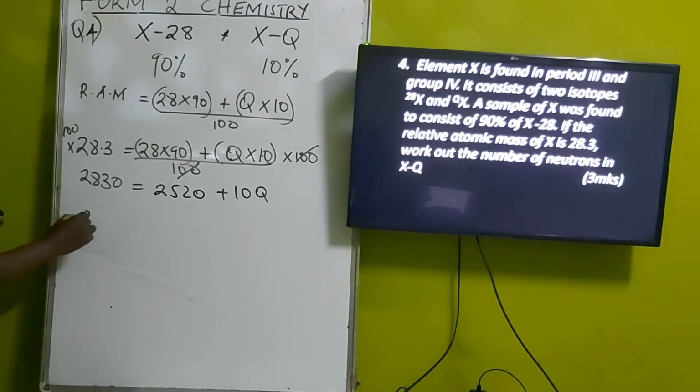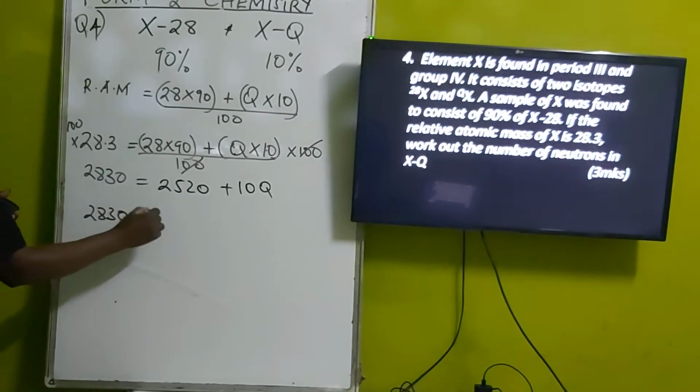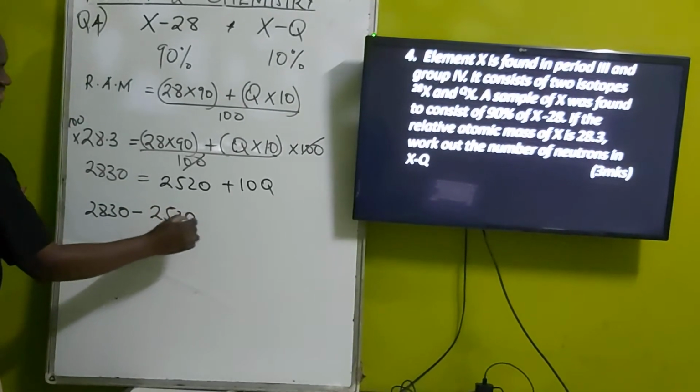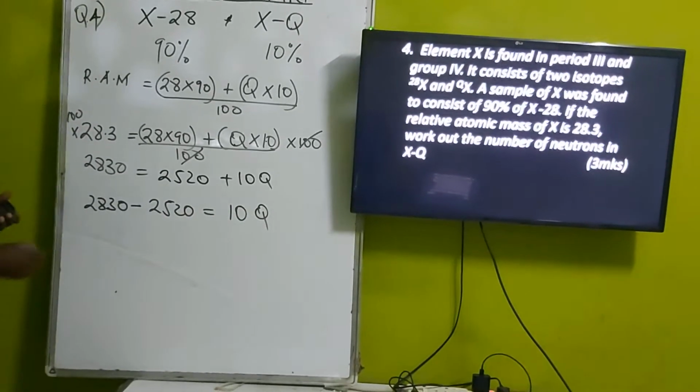Now we will have 2830 minus 2520, bringing it to this side, is equal to 10Q.